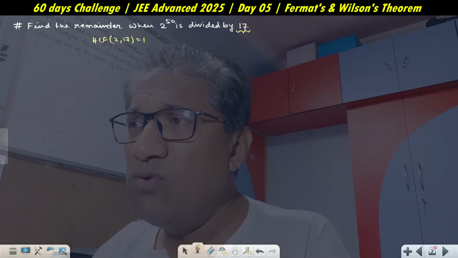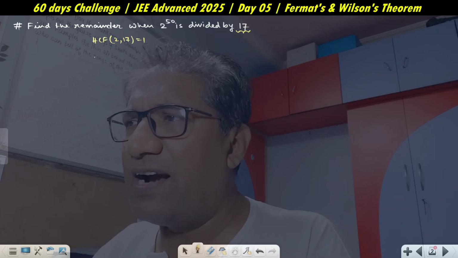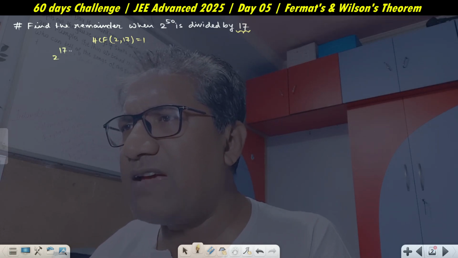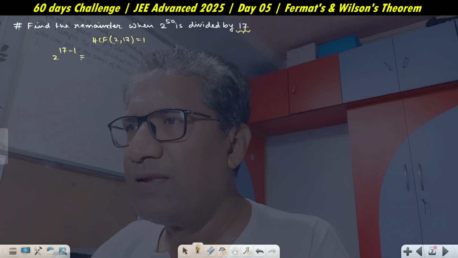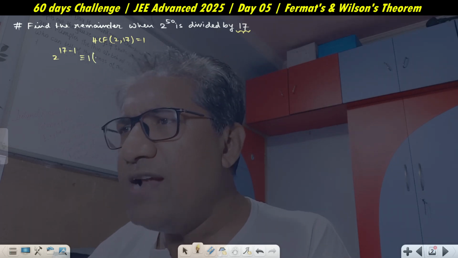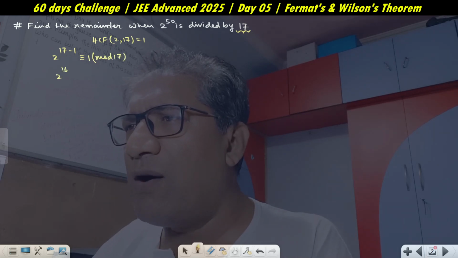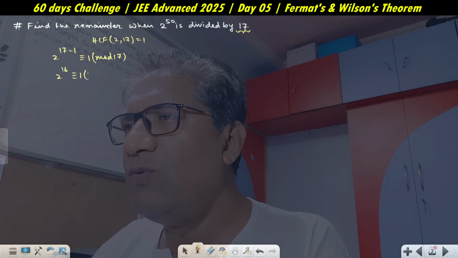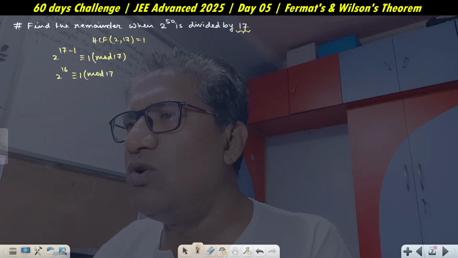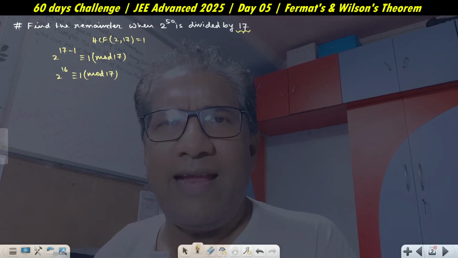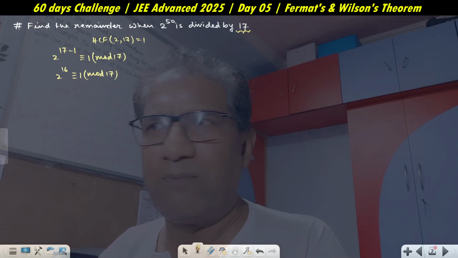So to find the remainder when 2 to the power 50 is divided by 17, we will start with 2 to the power 17 minus 1 is congruent to 1 modulo 17. That is, 2 to the power 16 is congruent to 1 modulo 17. See? We are getting the remainder 1 directly by using Fermat's theorem.